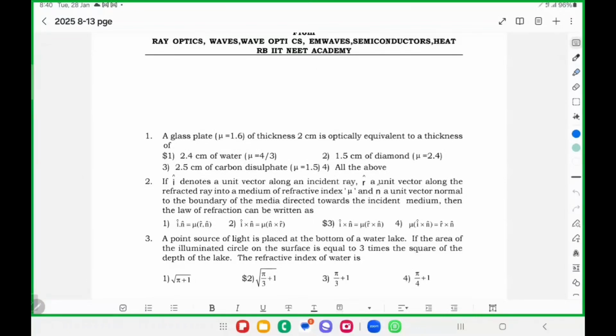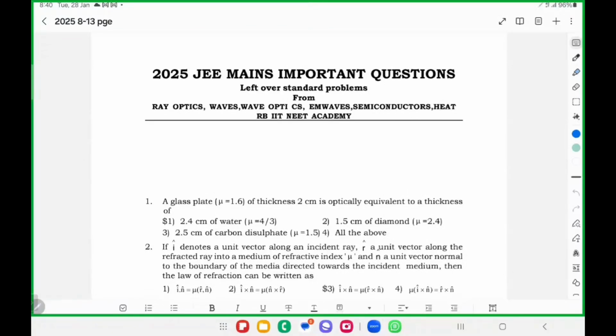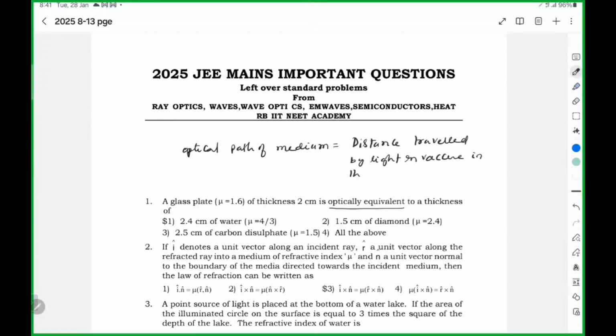So the first question, in optics: a glass plate of thickness 2 centimeter is optically equivalent. What is the meaning of optically equivalent? Here the optical path of a medium is nothing but the distance traveled by light in vacuum in the same time.